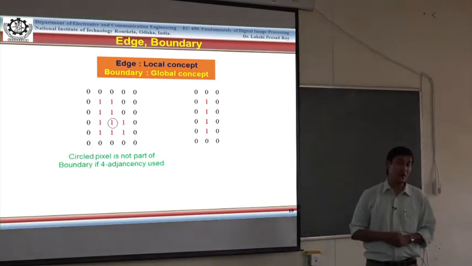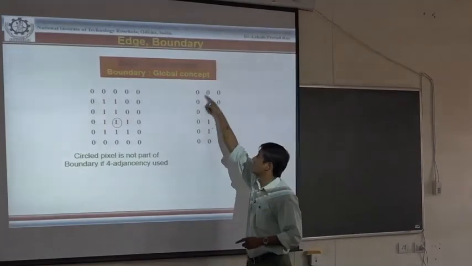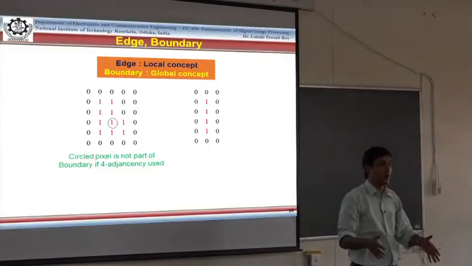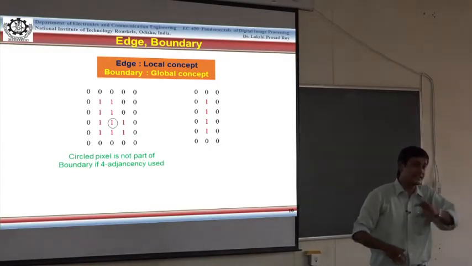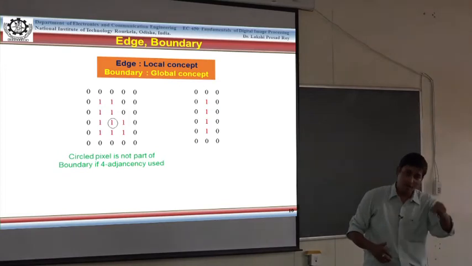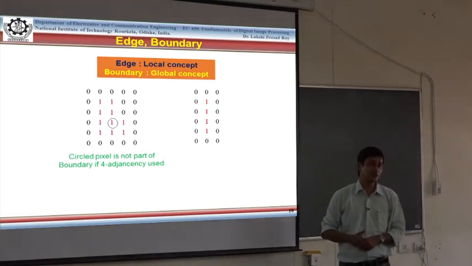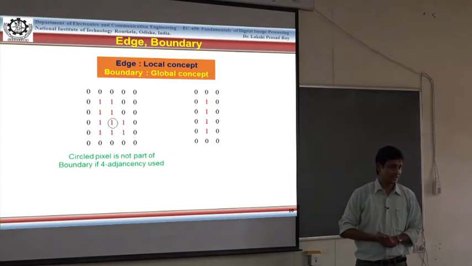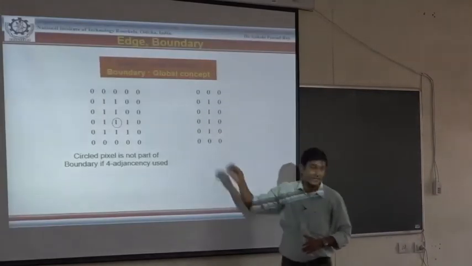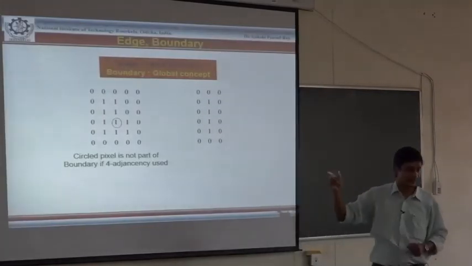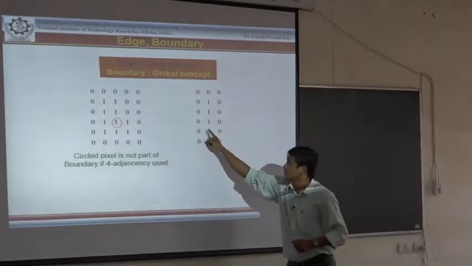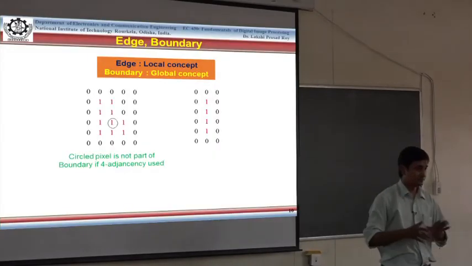But if you want to say boundary, in that case you have to have one overall thing where the discontinuity of the intensity or adjacency values should be there. Just like since here 1, 1, 1 are there, they are adjacent to one another. But next to them, see these zeros, they are not connected.